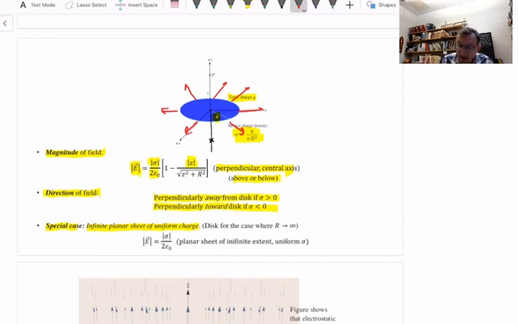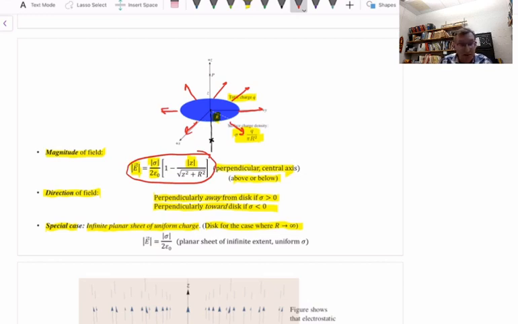So all you have to do is take our answer that we just got for the electric field of the disk and take the limit as big R goes to infinity.